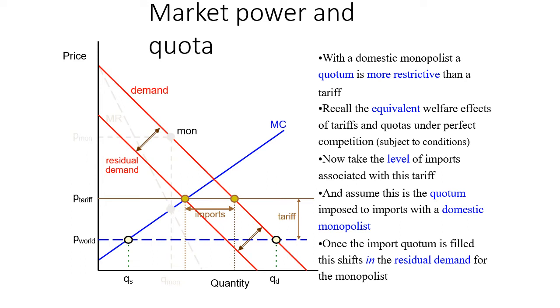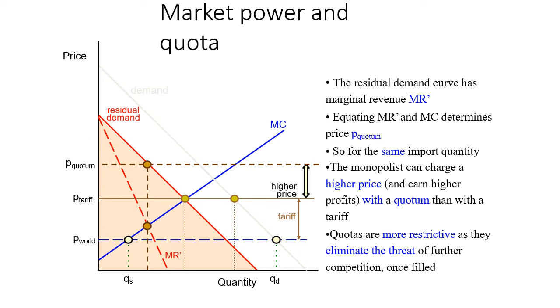So that is something you need to understand: the analysis changes under a quota. You can't take a like-for-like relationship that you would have found under perfect competition. When you're dealing with market power and a quota, the analysis is a bit different. It's not like we can directly say this quota is exactly such and such a tariff, and because I can liken them to each other, the discussion can be similar.